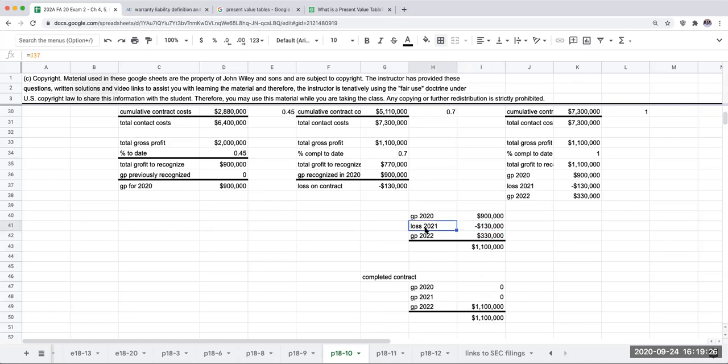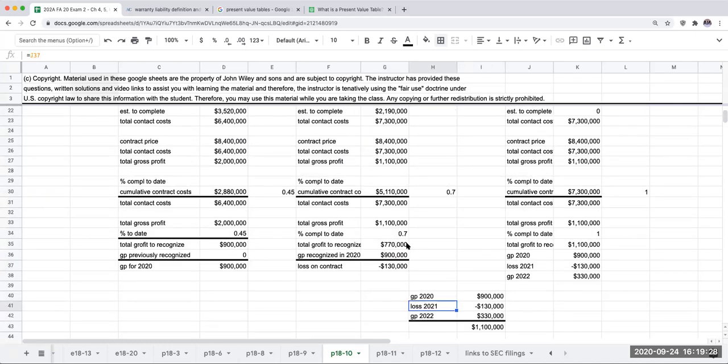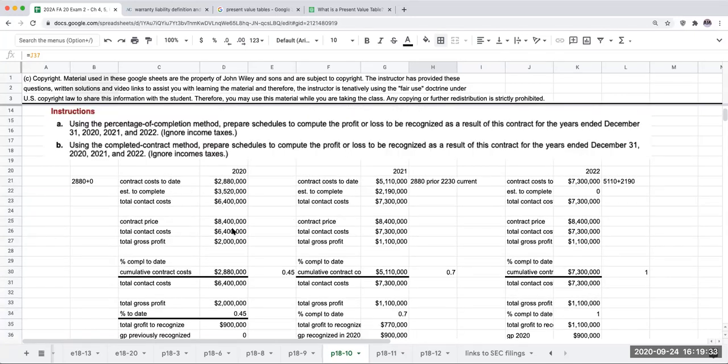This loss is really only happening because I over-recognized revenue and my costs went up. And from a completed contract perspective, I still have a gross profit. So just keep in the back of your mind that if you ever see a situation where it's a total loss, you're going to have to recognize that immediately under the completed contract method.